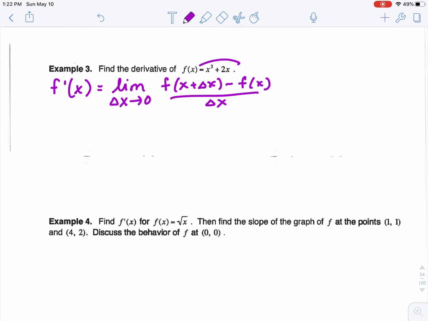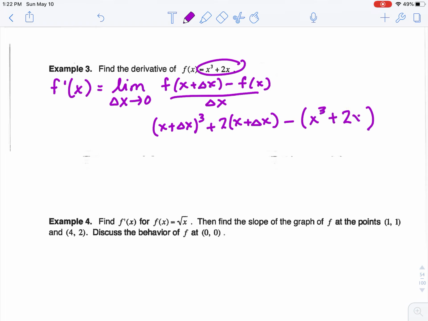All right, so now let's work it out. I want f of x plus delta x. So that's going to be, instead of x, I've got x plus delta x to the third plus 2 times x plus delta x, minus parentheses x cubed plus 2x, because that's the whole thing, right?